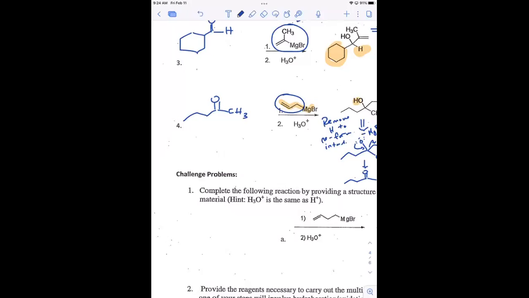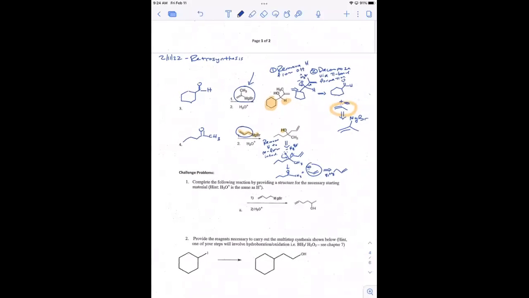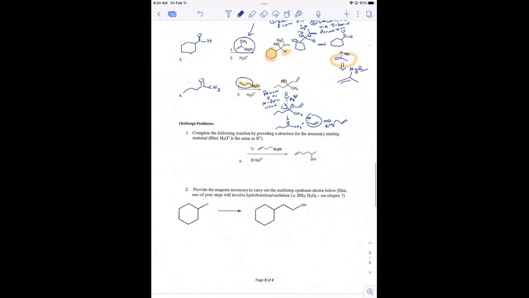All right. So when we're thinking about these retrosynthesis problems, all we're doing is working backwards. Start at the product, take a hydrogen off, and then we work backwards to get to the start material.